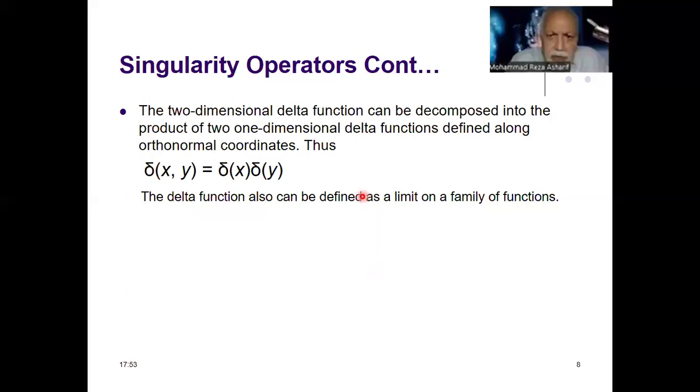Like this, the two-dimensional delta function can be decomposed into a product of one-dimensional ones, so delta(x,y) is delta(x) multiplied by delta(y). The delta function also can be defined as a limit of a family of functions.